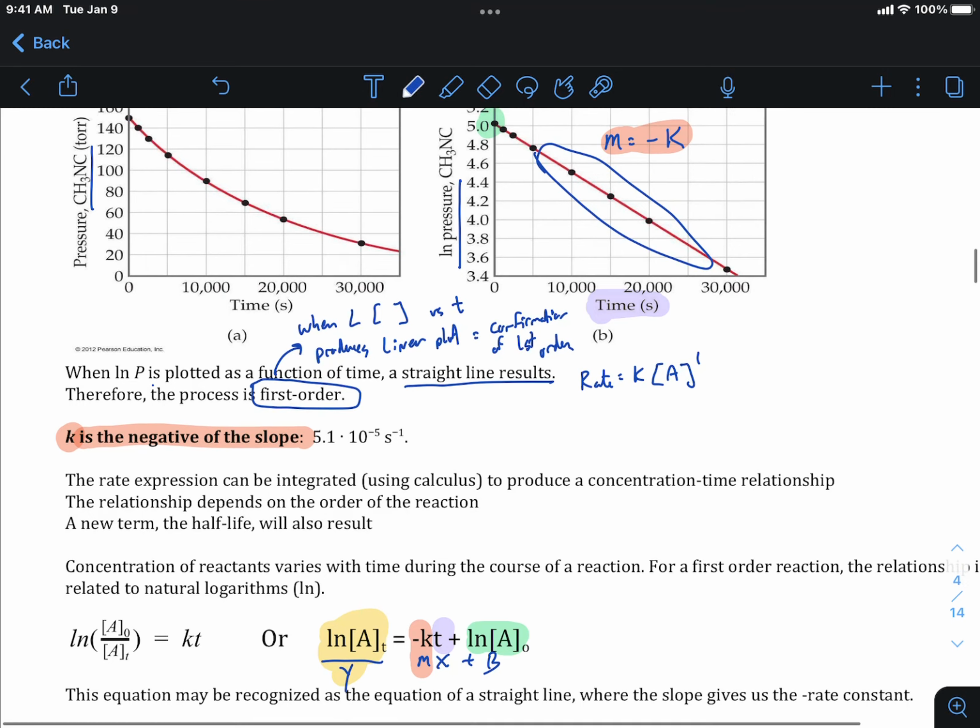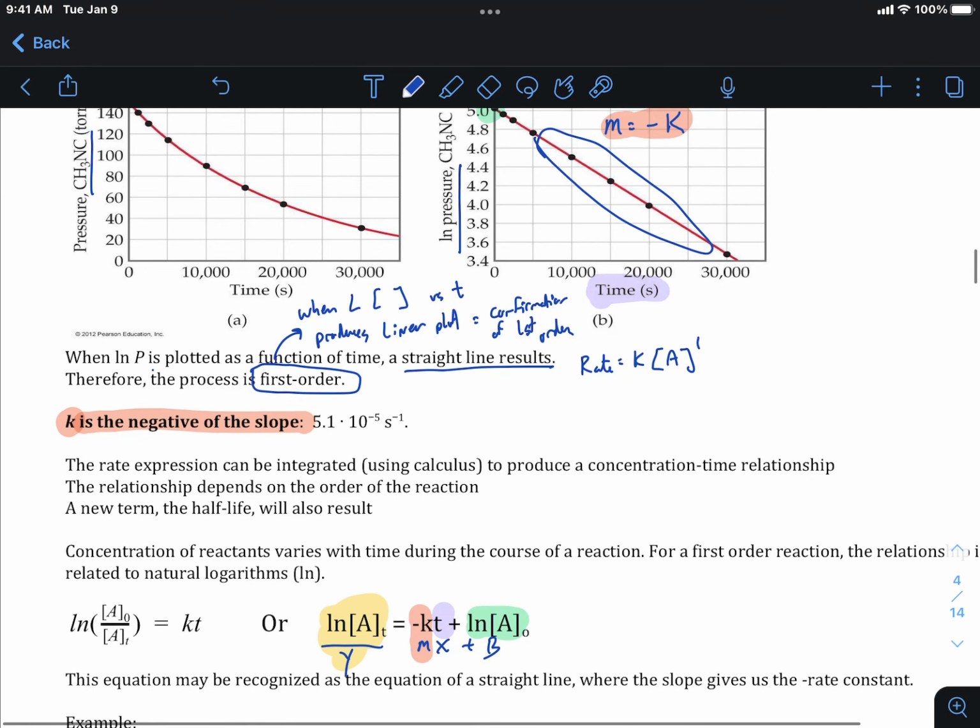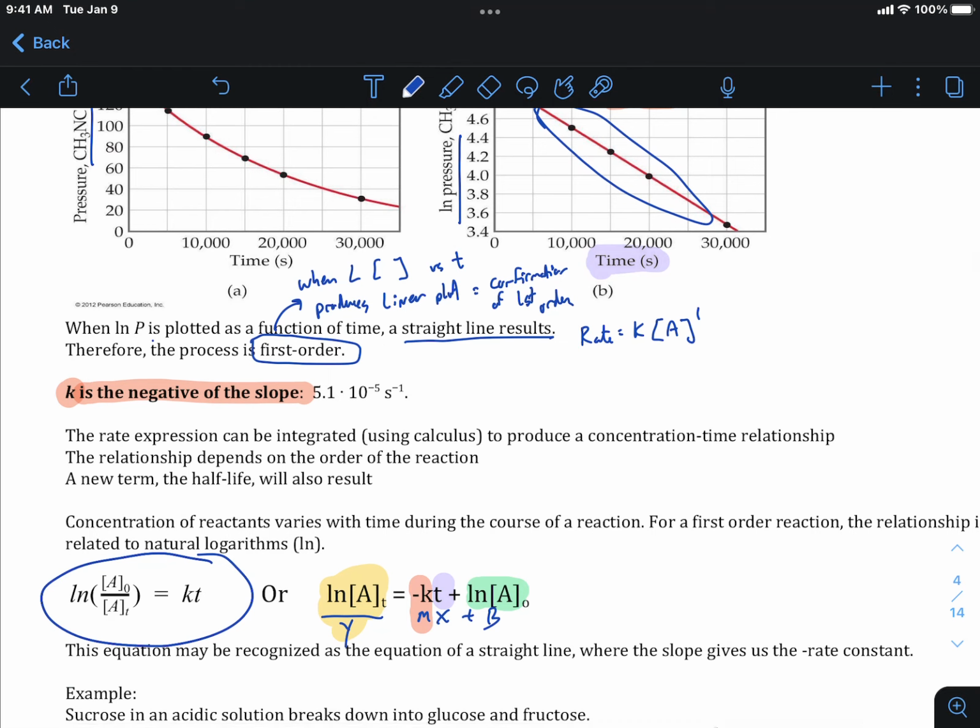Now, an alternate form of this is if we were to rearrange the equation, right? And then we subtract and rearrange to take the initial concentration over the final concentration, then we can go ahead and use our second form. But when I say second form, this is actually the first form. This is actually what we call the integrated rate law right here.